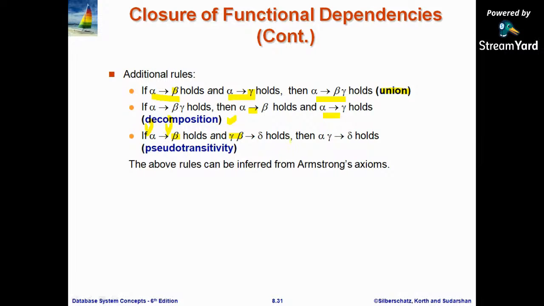So gamma alpha tends to delta. This gamma alpha and alpha gamma, both of them are the same. The order does not matter at all. So these above rules are also called the Armstrong axioms. These three are union, decomposition, and pseudo transitivity.